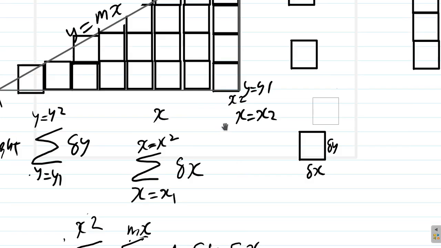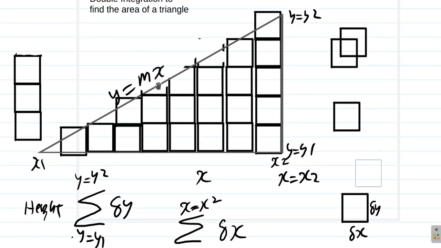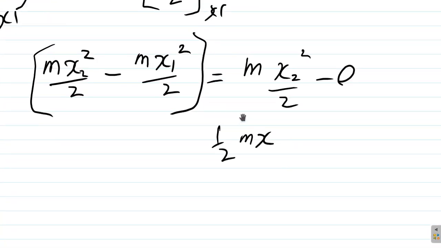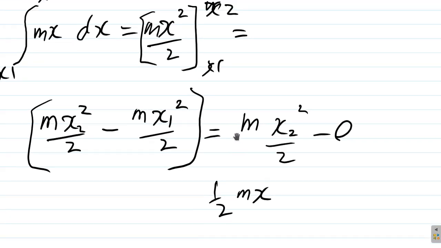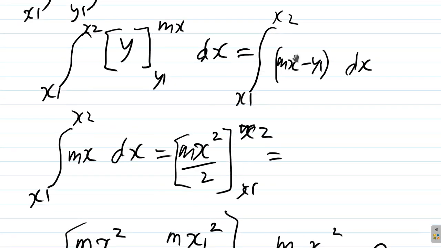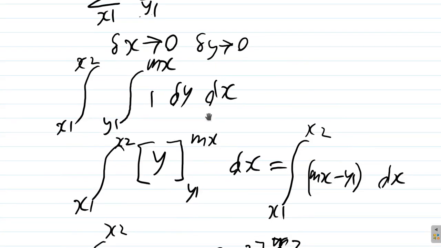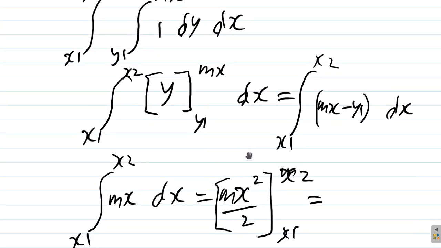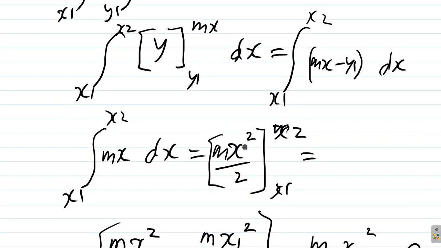Now here, half mx squared is what we get for the area of this rectangle here. Remember what we did? From x, we go from y1 to mx, right? There's mx minus y1, this is mx minus 0, right?